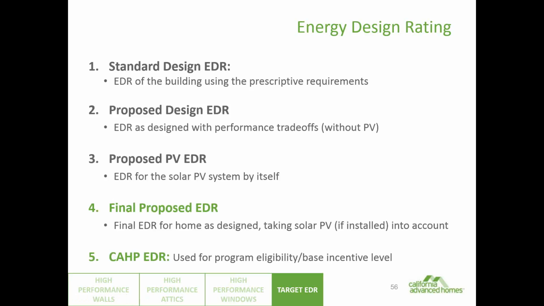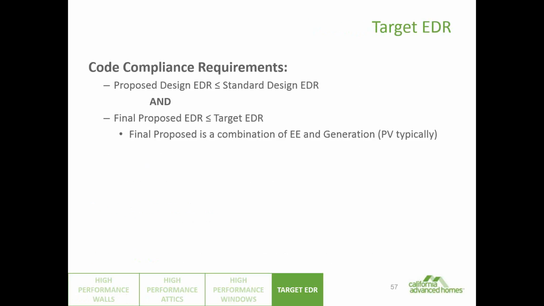These are in the 2016. What's new is that for code compliance in 2019, now it's not going to be about just passing some energy budget, kBTU per square foot per year. It's going to be, your proposed design EDR has to be less than the standard design EDR.